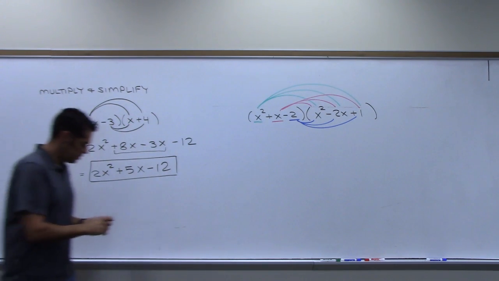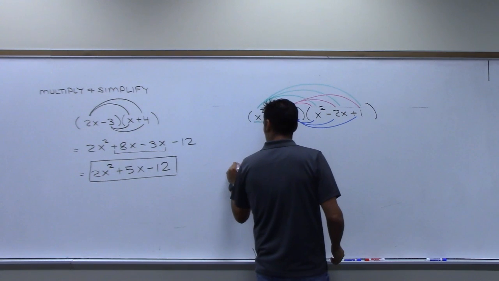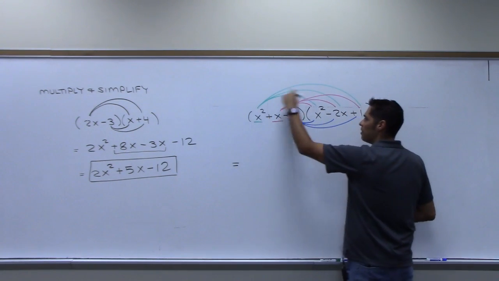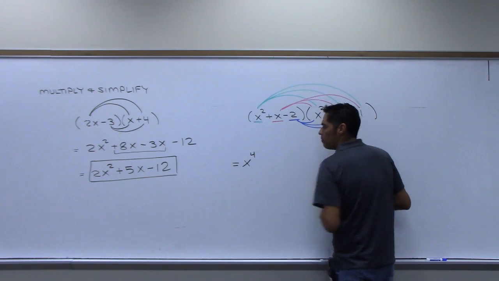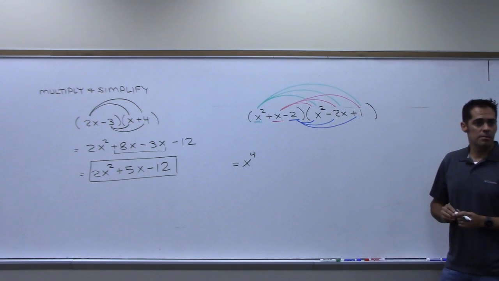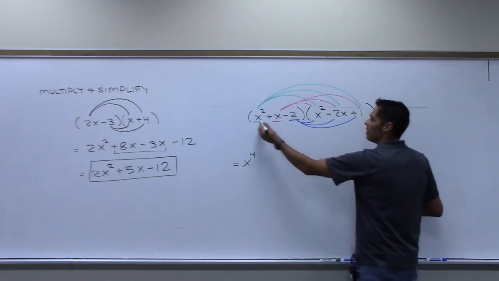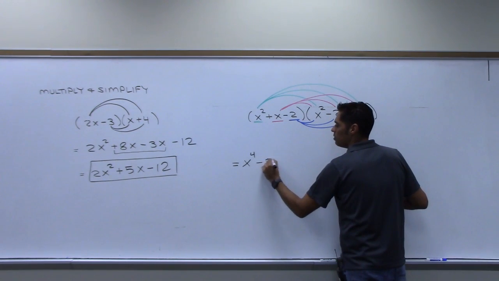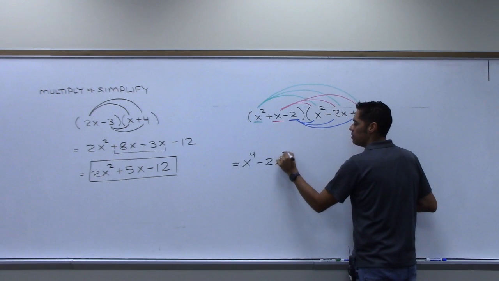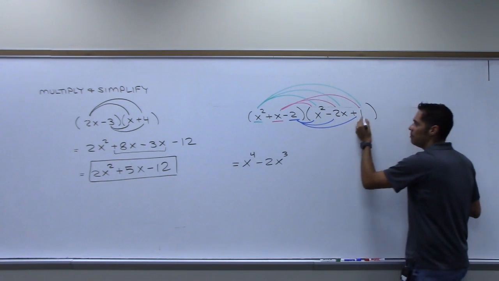All right, let's finish this. What is this first multiplication of x squared times x squared? X to the 4th, right? You add the exponents. What's x squared times negative 2x? Negative 2x cubed. What's x squared times 1?